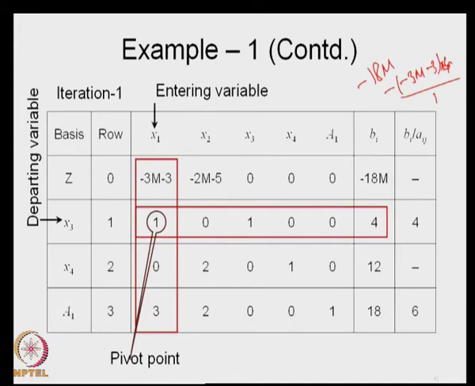So, this will be minus 18 m, this is into 4. So, this will be minus of minus, that is plus 12 m, minus 3.